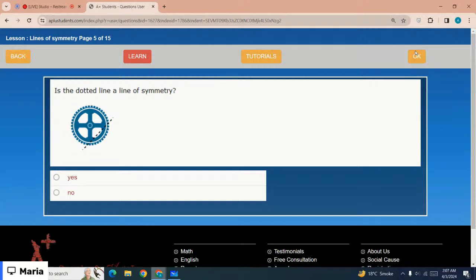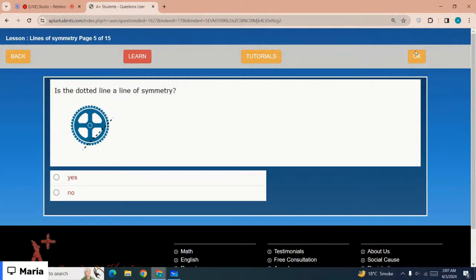Is the dotted line a line of symmetry? The correct option is no. This isn't the line of symmetry, right?